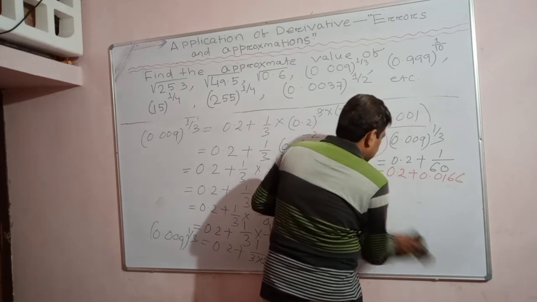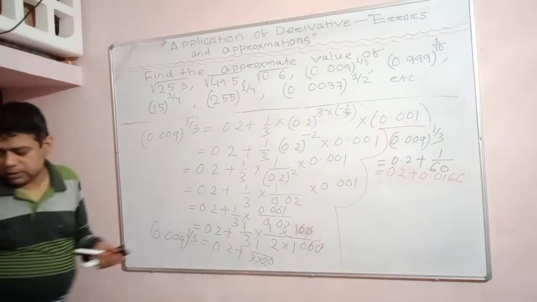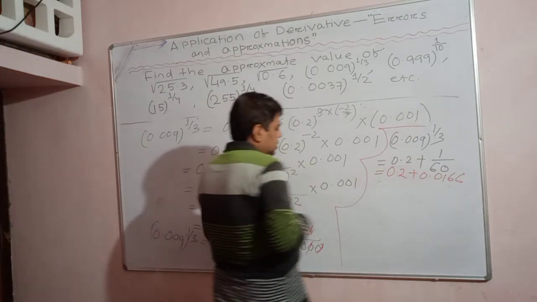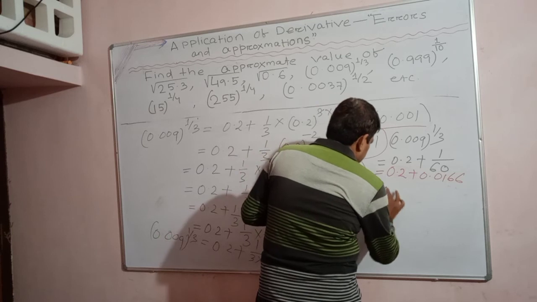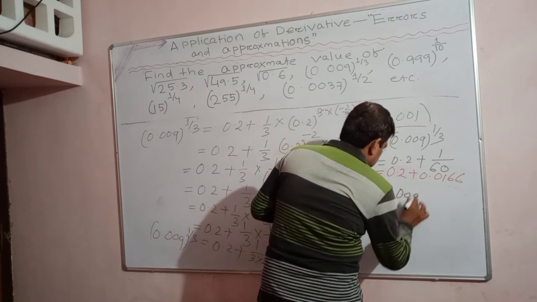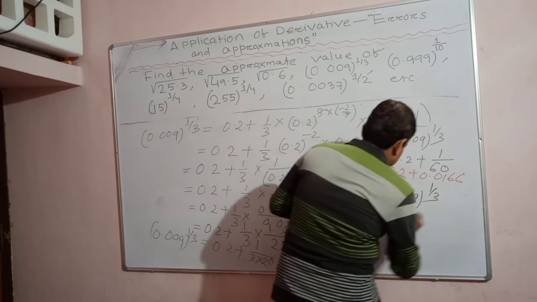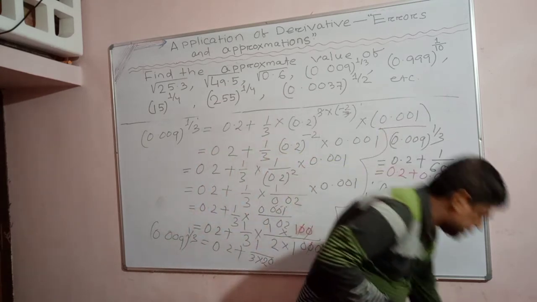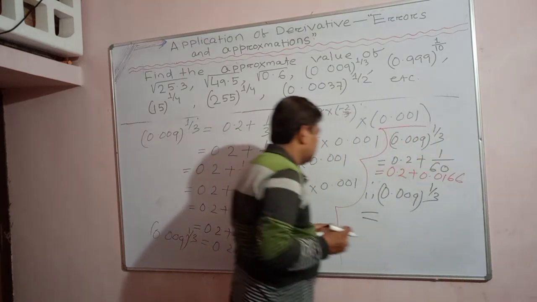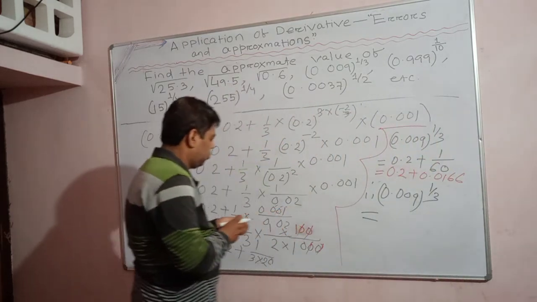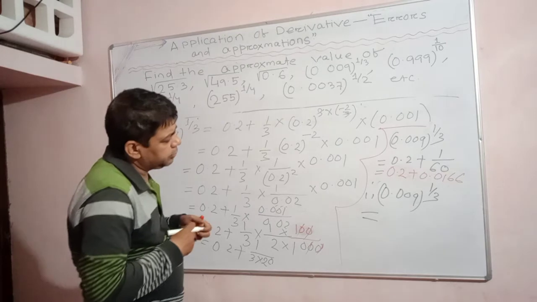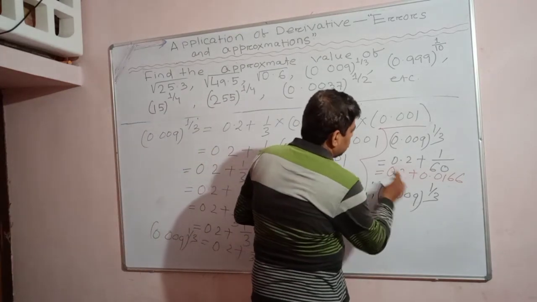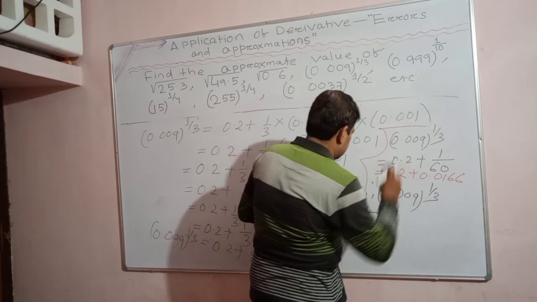Okay, so decimal division you should already take care of. Now finally, thus we got 0.009 whole to the power 1 by 3 is equal to 0.2 plus 0.0166. What is the value? You shall get it. You add 0.2 plus 0.0166. Let us add.